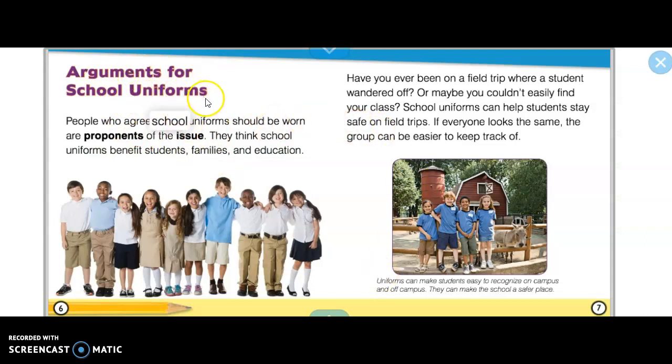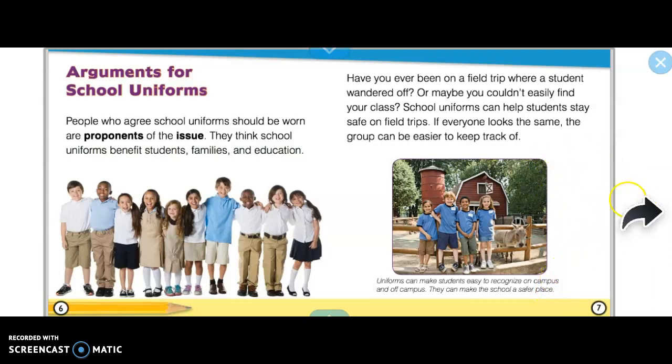So arguments for school uniforms, that is a heading. We have bolded words for our keywords. And then we have the photographs to show us what school uniforms are and what they look like. And then same over here, we have some uniforms. Uniforms can make students easy to recognize on campus and off campus. They can make the school a safer place. So that is a part of the argument that this author is trying to make.